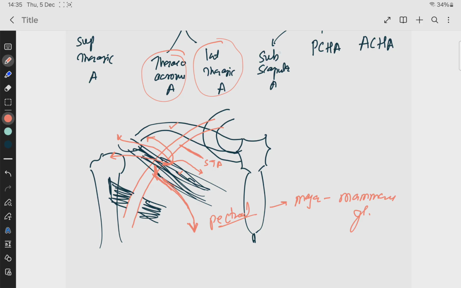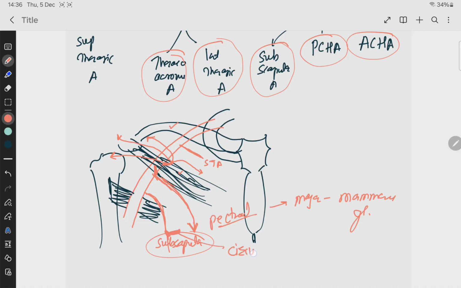Then from the third part we have three branches: subscapular, posterior circumflex humeral and anterior circumflex humeral. Now the branch from the third part which goes lower and posteriorly towards the scapular region is called the subscapular artery. When it goes near the scapula, it passes through the upper triangular space and gives the major branch over here in the subscapular region, that is called the circumflex scapular artery, and that winds over the scapula and supplies the scapula.